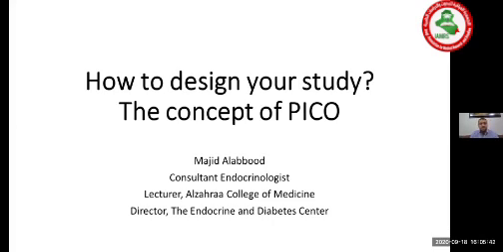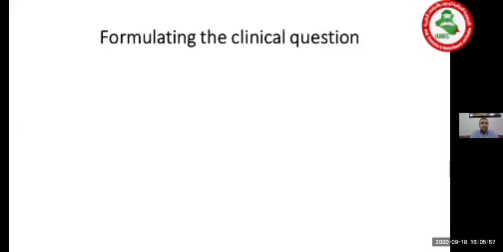In order to make our work organized, we have to formulate that medical question. This is done through what is called the PICO. And this is what I'm going to talk about. So formulating the clinical question is summarized in PICO.